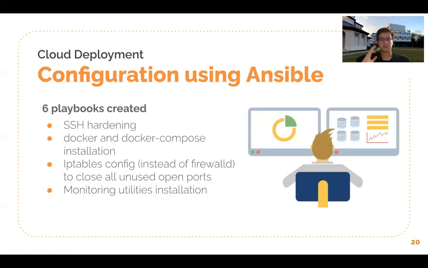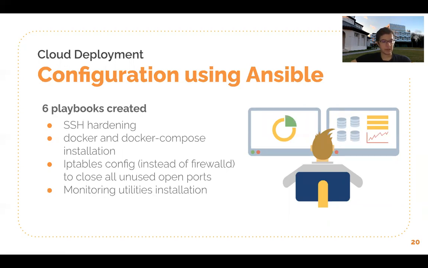Of course, this involves a lot of configuration, and it would be very painful to do the configuration manually. That's why we have used the Ansible utility tool to automate the deployments and the server configuration. We have created 6 playbooks for SSH hardening and for installation of needed software, primarily Docker and Docker Compose.